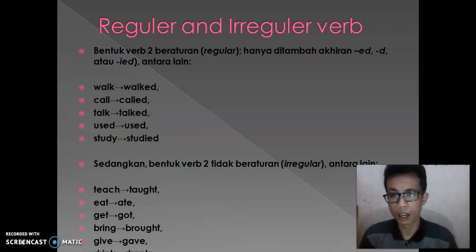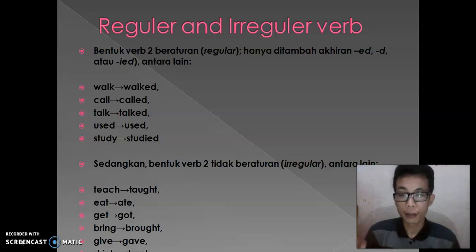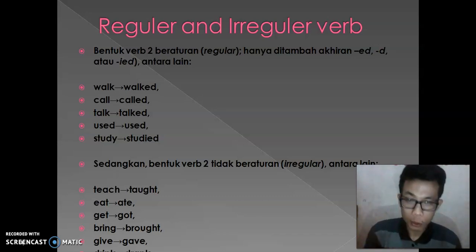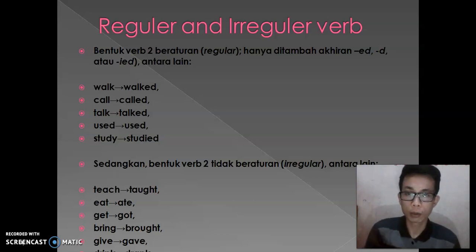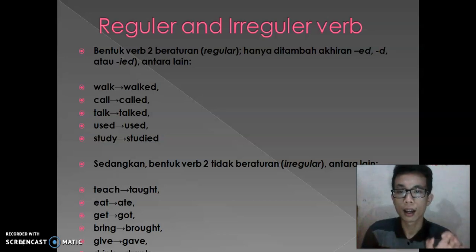You may see on the slide work, where the infinitive is work. So in verb 2, or simple past, there's a regular and irregular verb, but work is a kind of regular verb, so we add ed.